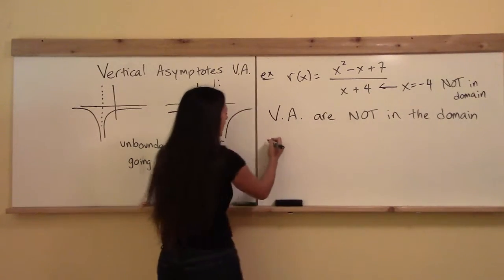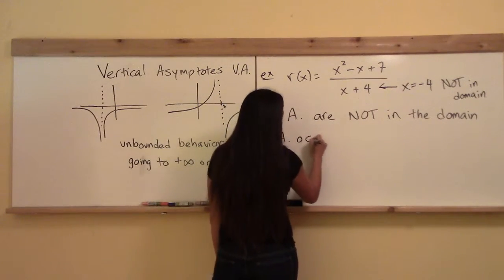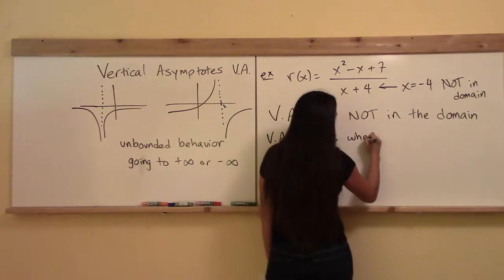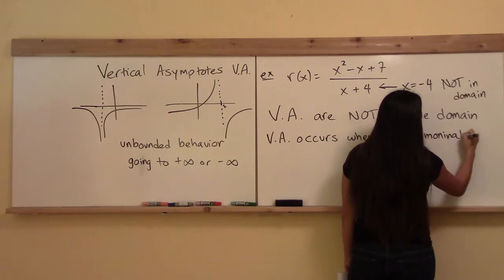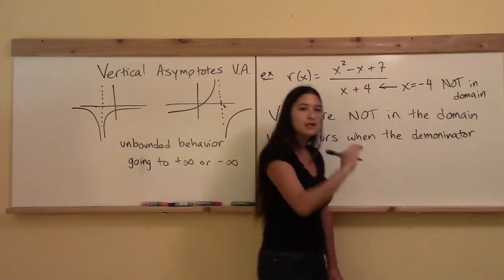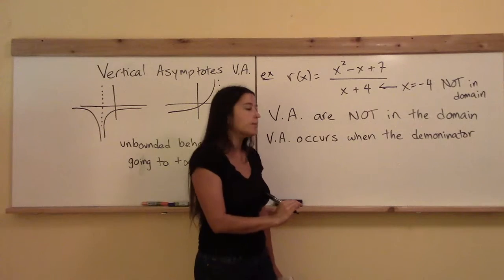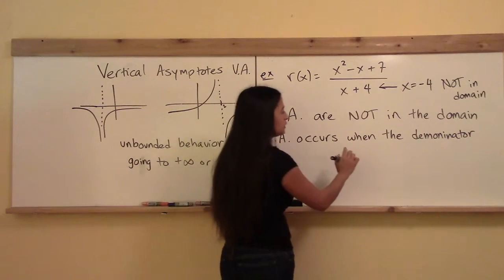Okay, so a vertical asymptote occurs when the denominator of a rational function is equal to 0. Remember, a rational function is a fraction, polynomial on top, polynomial on the bottom.